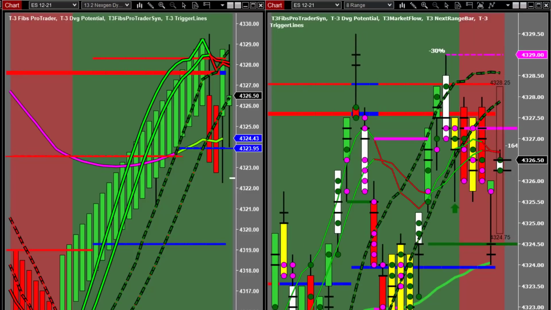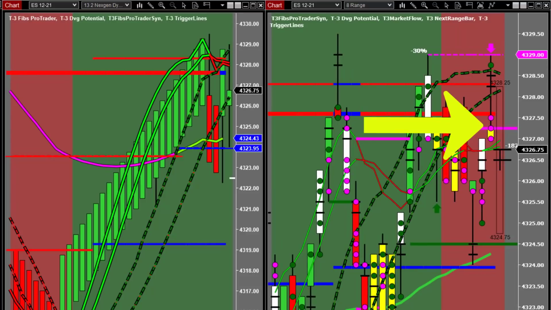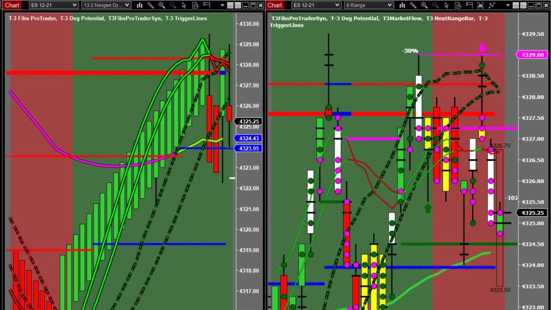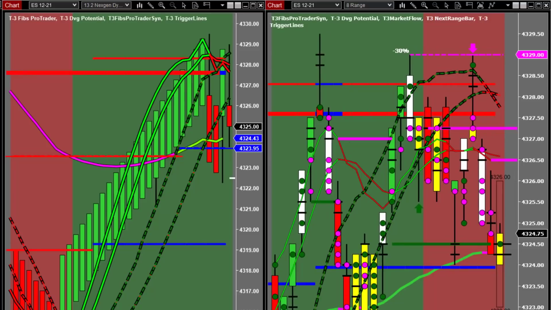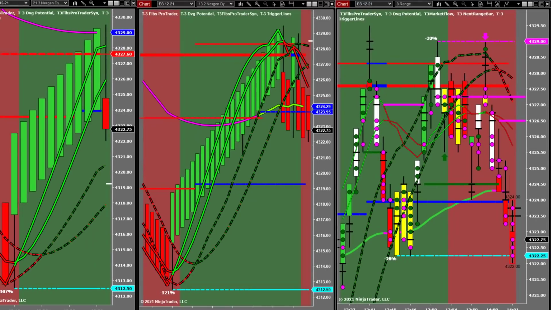If you look at your 13-2 chart first, it doesn't say we're going down. It says up. I probably wouldn't take another long trade into resistance. Well, there's your market flow short probably. Notice the high volume area line and a signal after the small triggers roll. That's a lot more favorable for a short on the market flow chart.